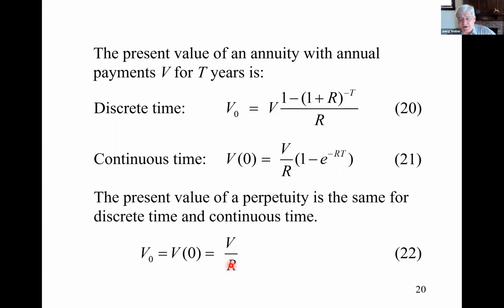That's what I have down here. Same thing here. If big T goes to infinity, you have a perpetuity. This power approaches infinity, it's negative, so it's below the bar. So this approaches 0, and you just wind up with v divided by r.